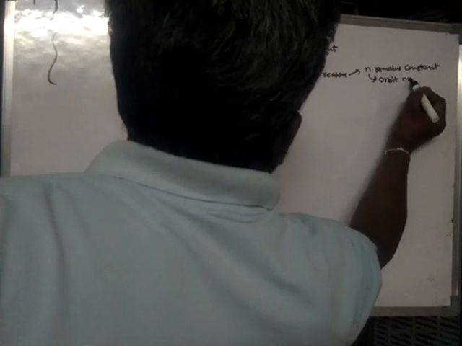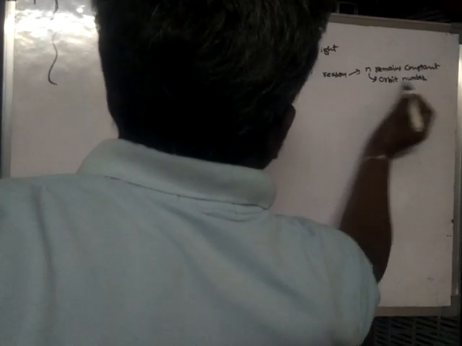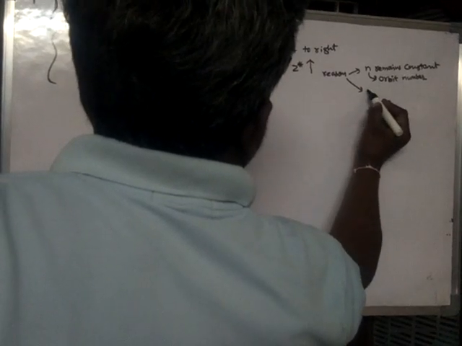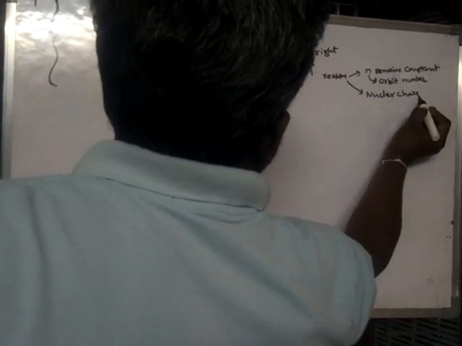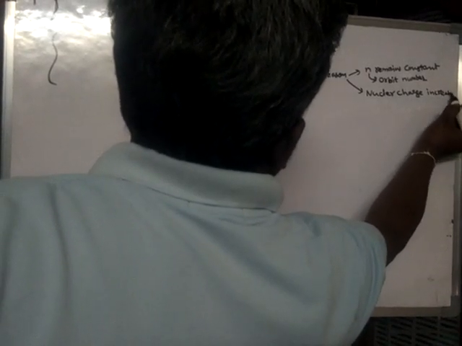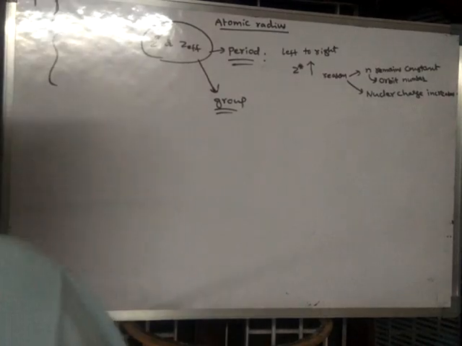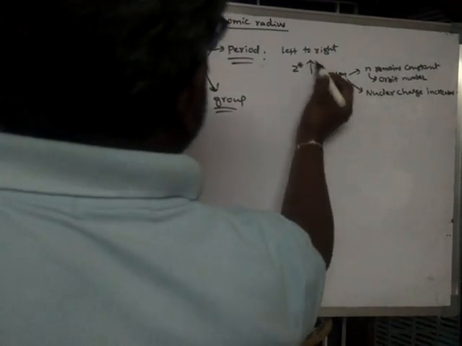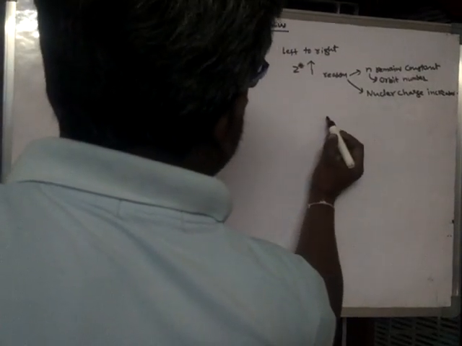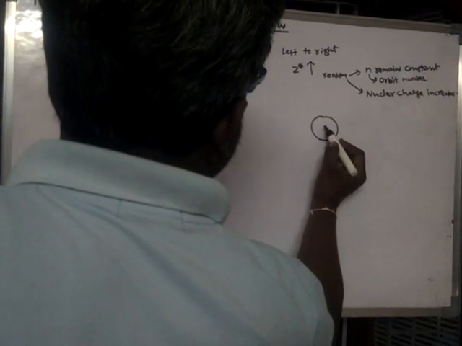The orbit number remains constant, but nuclear charge increases. As a result of this, Z value increases. How? For example, take a sodium atom.